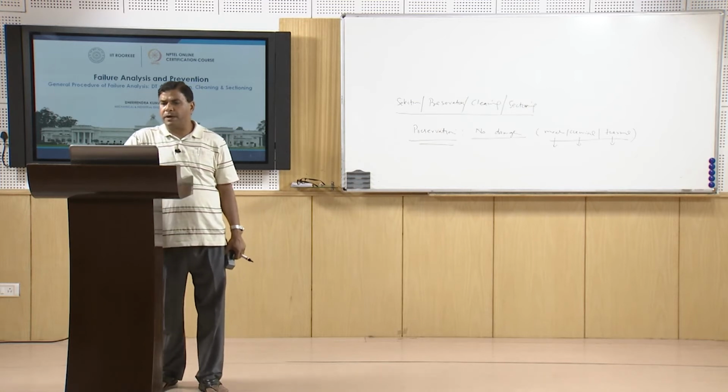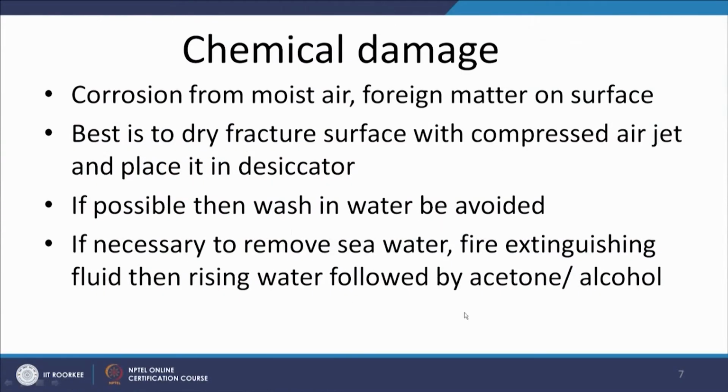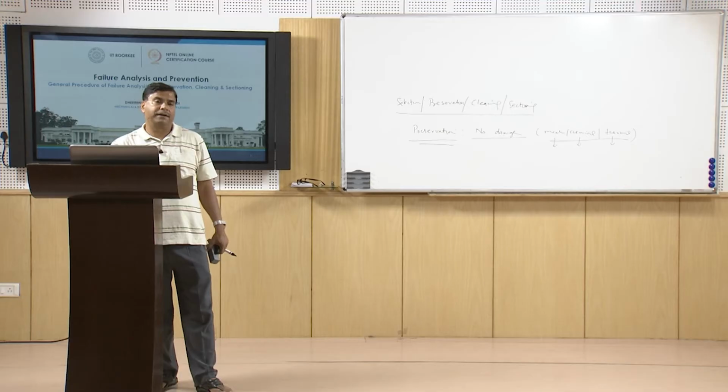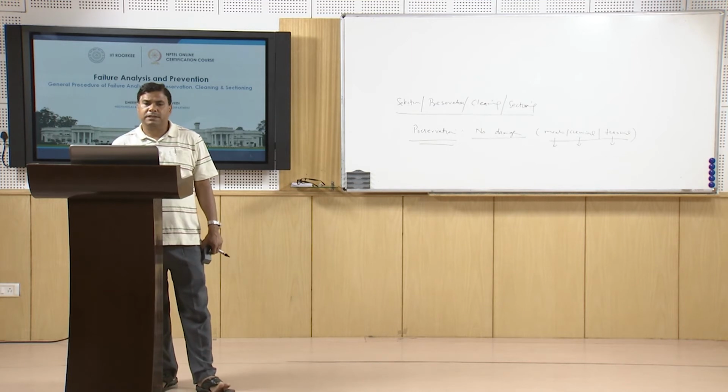But if it is required, then we need to wash it, because if the fracture surface has seawater or fire extinguishing fluid, this can cause further chemical damage. So, to avoid that, we need to do the cleaning under water, and thereafter cleaning using acetone and alcohol, and after drying it can be kept in a dry place like a desiccator, so that no further damage of the surface takes place.